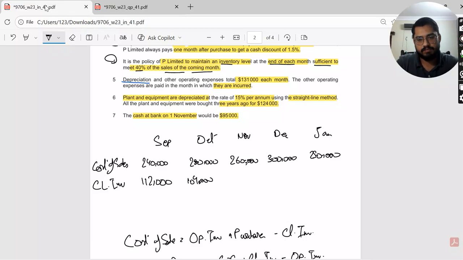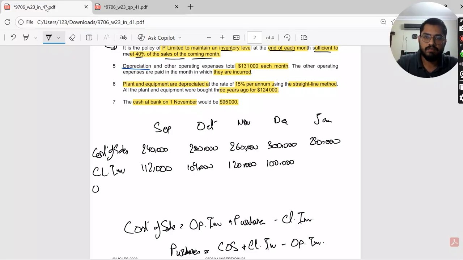Then 300,000 into 0.4, this is 120,000, and 250,000 into 0.4, this is 100,000. Then we'll take the opening inventories.